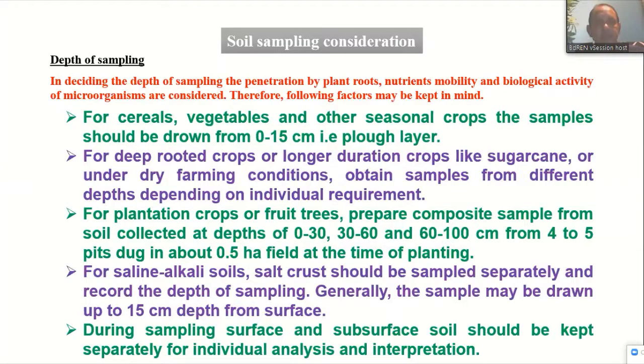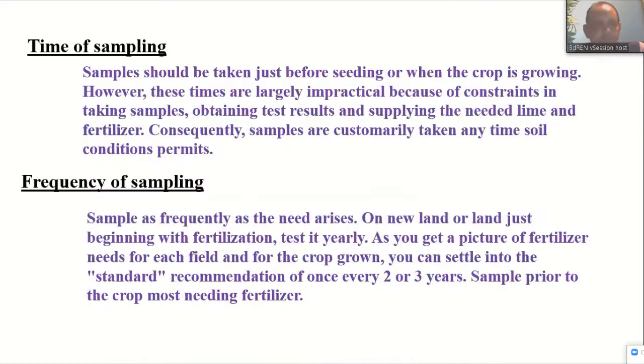These are the considerations for sampling we already discussed in level 1, semester 1. We take samples from the same depth. We cannot mix samples collected from different depths. These are the time and frequency of sampling.